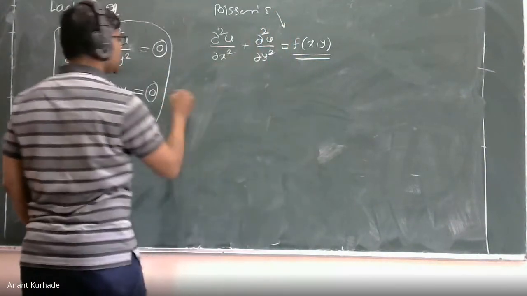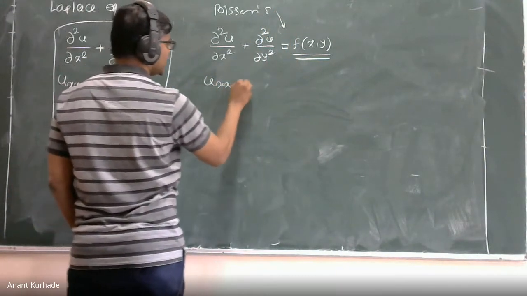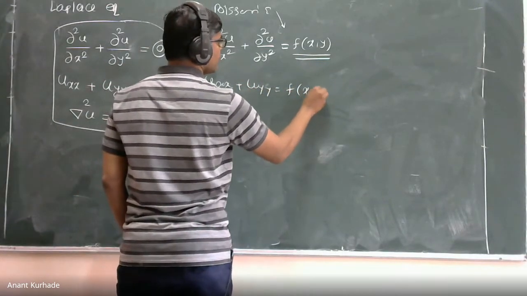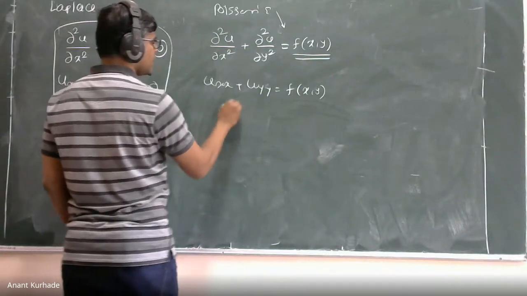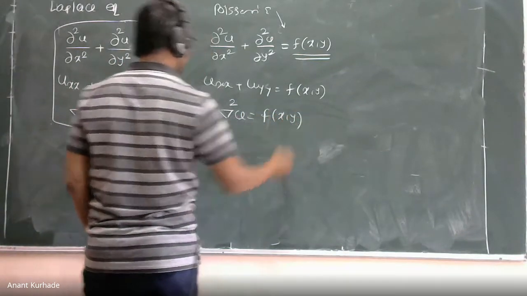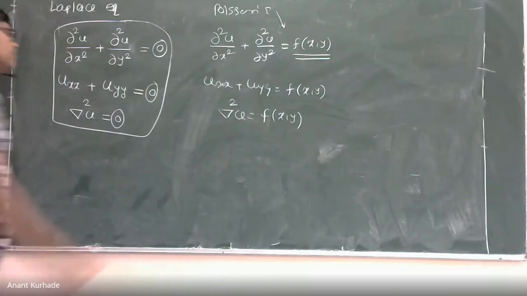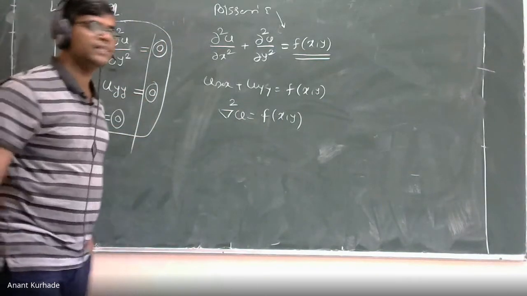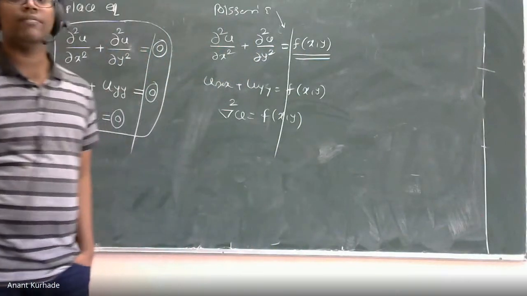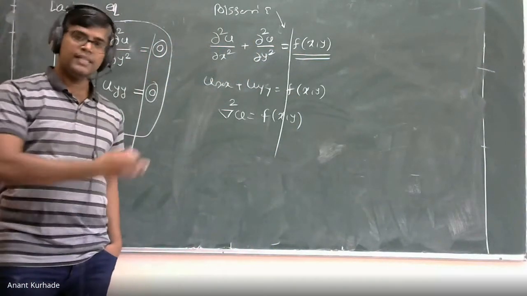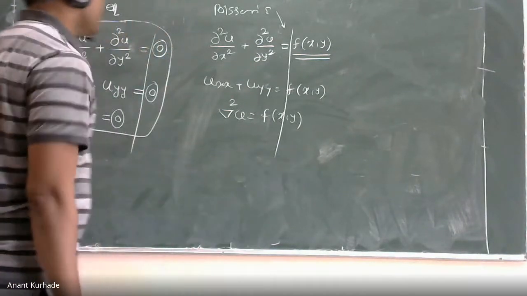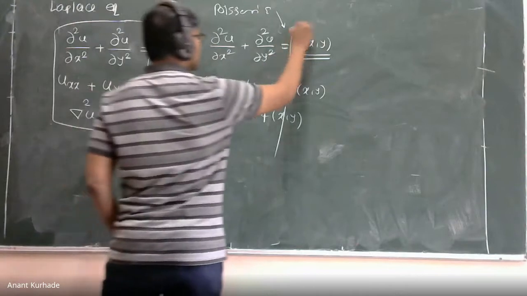In similar manner, you can write uxx plus uyy is equal to f of x, y, or del square u is equal to f of x, y. So try to understand the difference between Laplace and Poisson. If you find equal to 0, it is Laplace. If you find equal to f of x, y, it is Poisson's. Try to understand this.